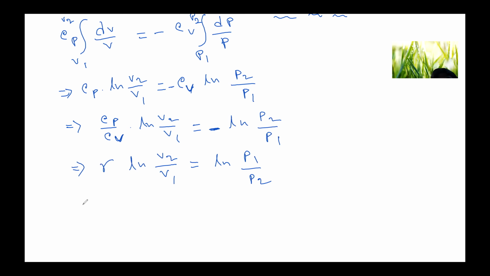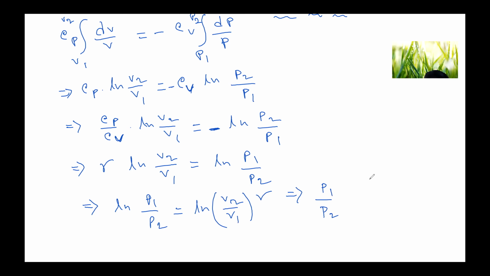Or ln(P1/P2) equals ln((V2/V1)^gamma). We are cancelling the ln on both sides, so P1/P2 equals (V2/V1)^gamma.